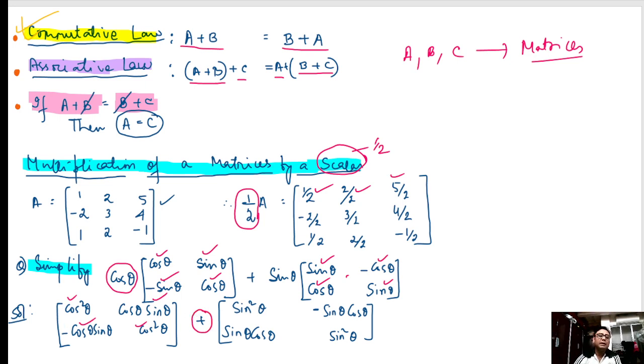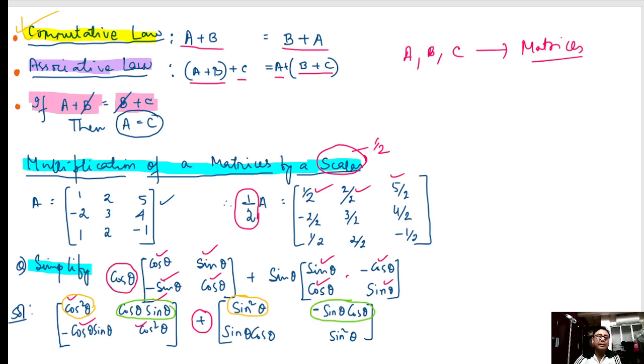So what can we add? We have to add the similar positions. That means we have to add cos square theta with sin square theta. Then we will be adding cos theta sin theta with this minus cos theta sin theta.